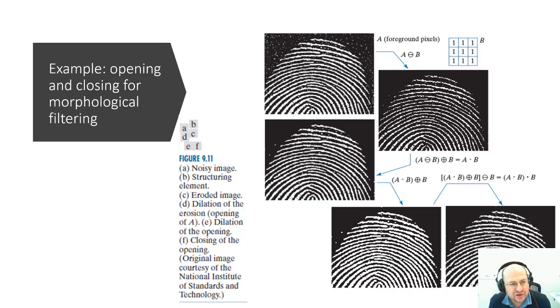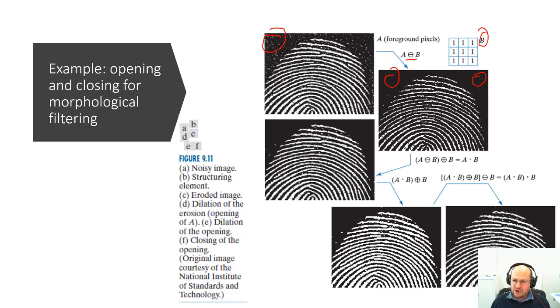Okay, so applications of openings and closings: traditional applications are to clean data, and we're going to do that in the exercise. So for instance, for these fingerprint images, you have a very noisy image here where you see some salt noise. And if I erode that with this structuring element, I basically clean most of this noise.